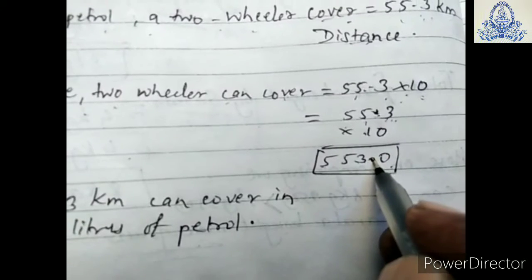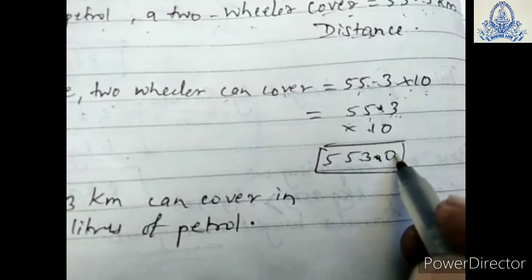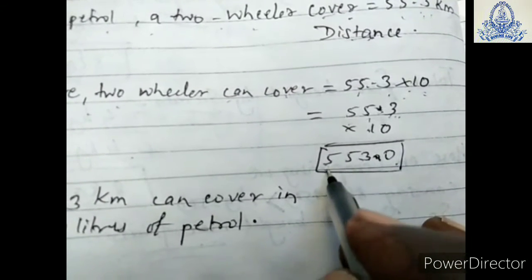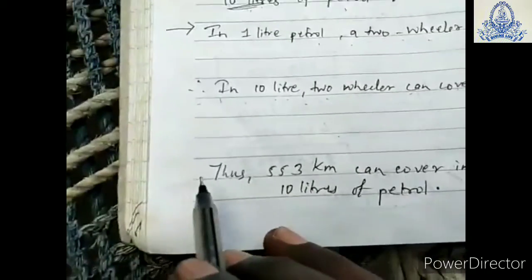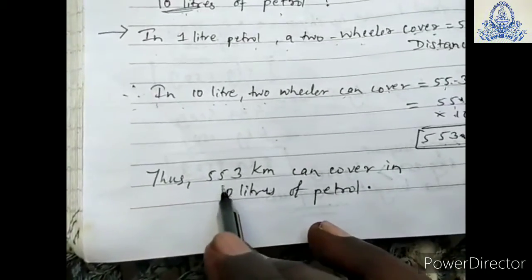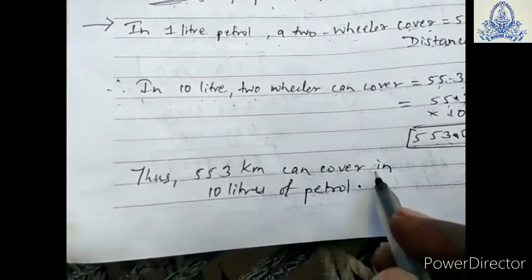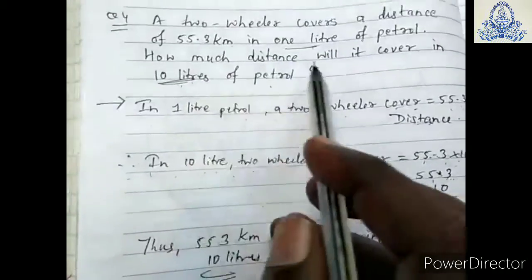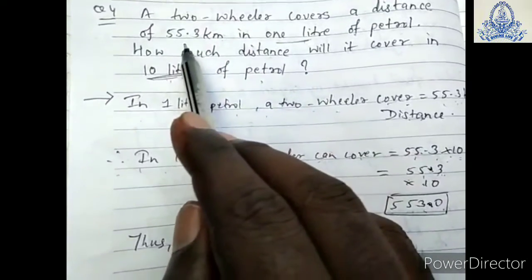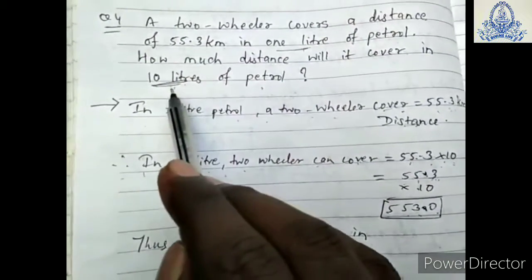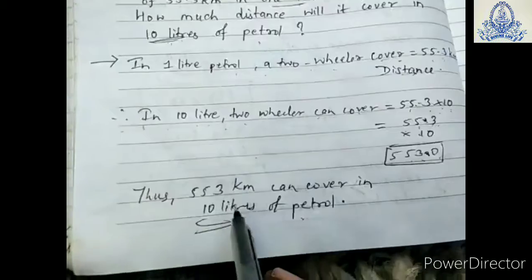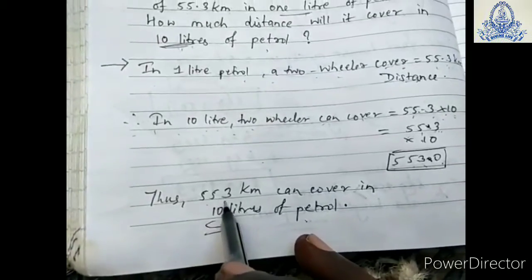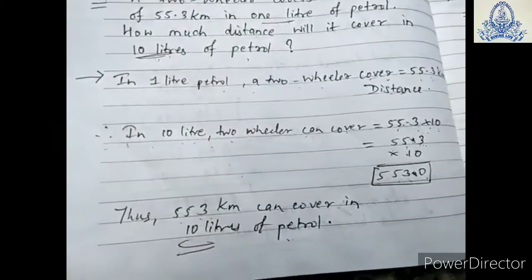So we will put a decimal point before one digit, that is before 0. The final answer is 553. So 553 kilometers can be covered in 10 liters of petrol. In 1 liter we can travel 55.3 kilometers, therefore in 10 liters the same vehicle can travel 553 kilometers.